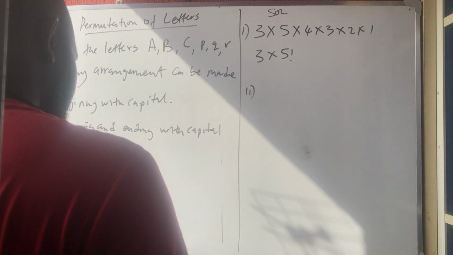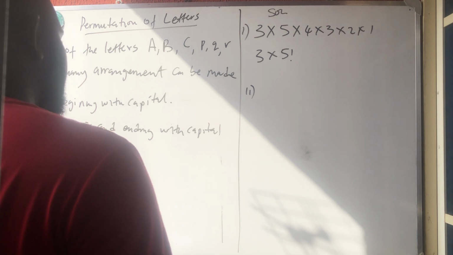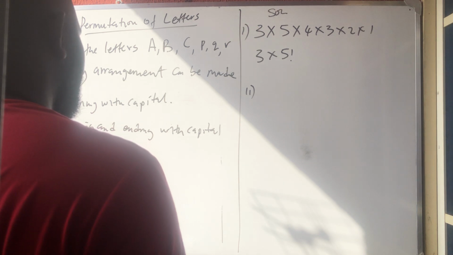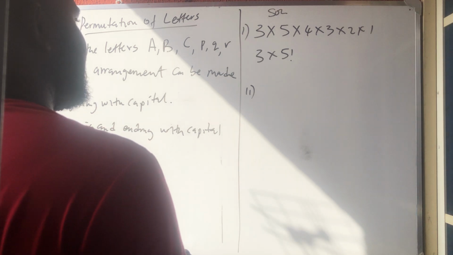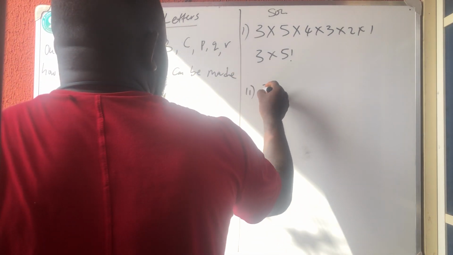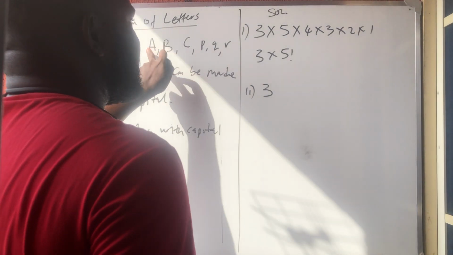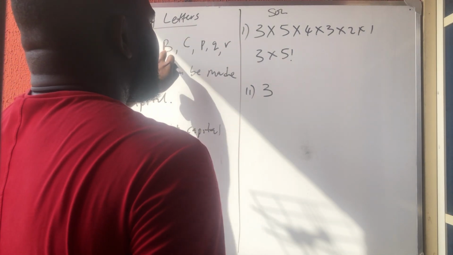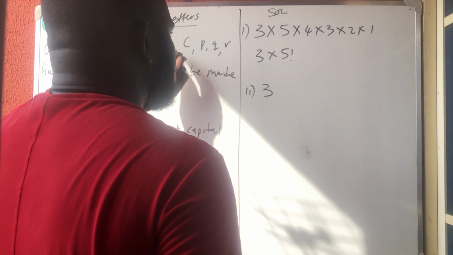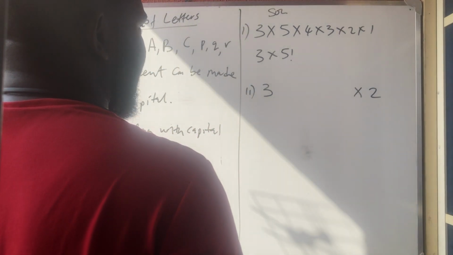Number 2. For the first one, let us analyze it. For the first one, I can choose any of these 3. And for the last one, I can choose any of these 3, but since I have chosen 1 already, it means 2. So for the last one, I have only 2 options to choose. Are you getting me now?